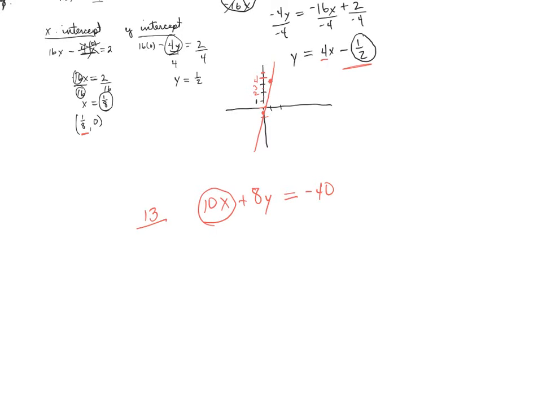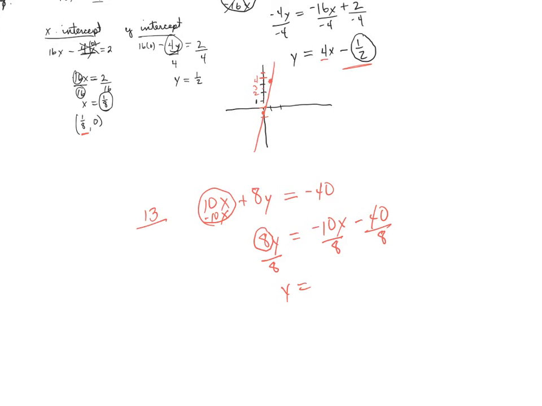Moving the 10x over, and so that leaves me with 8y equals negative 10x, because I'm subtracting 10x from this side, and I'm doing it from the other side as well, minus 40. Then I'm dividing everything by this coefficient of 8 so that I get y all by itself, and it's going to do that really nicely here. So I have y all by itself now.